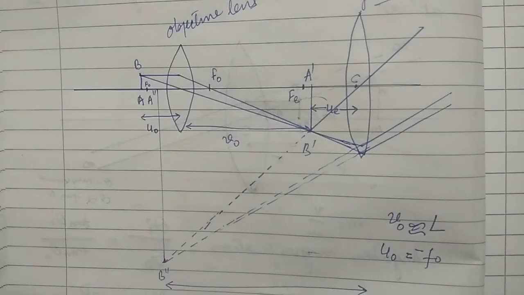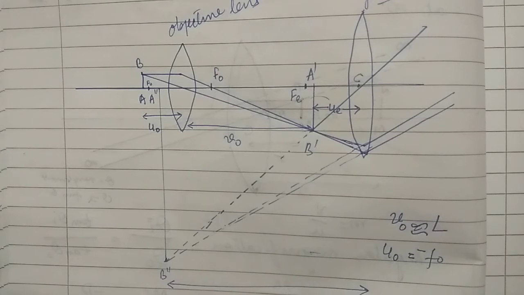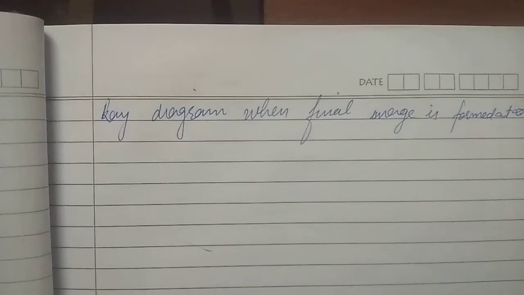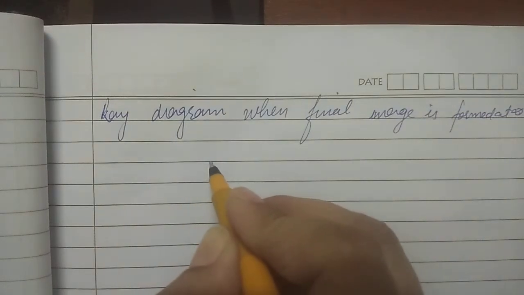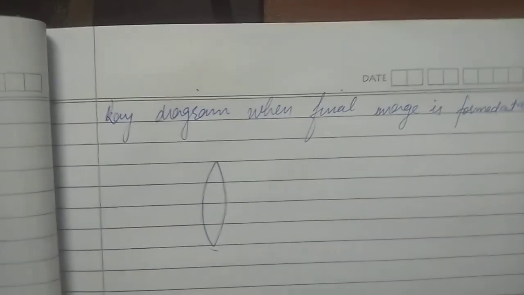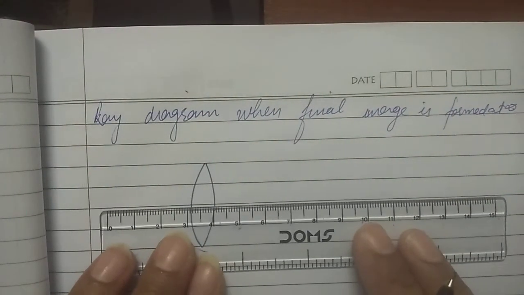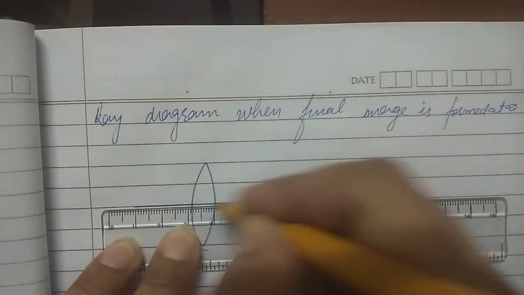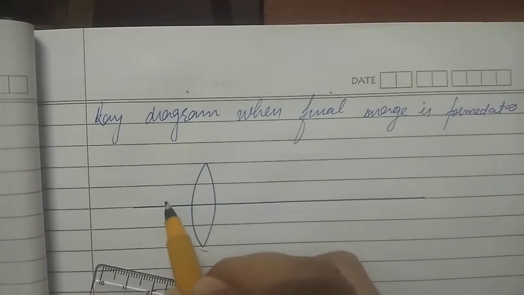So I am going to draw the ray diagram for the second case, when the final image is formed at infinity. This is the objective. Let us draw the principal axis. The objective is going to behave in the same manner. This is the object.